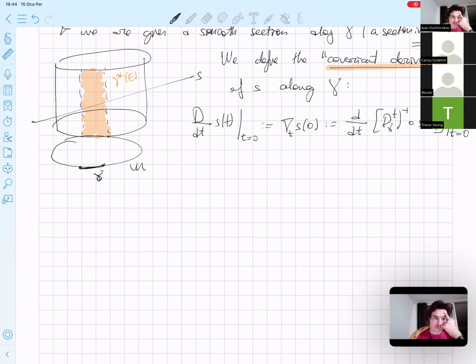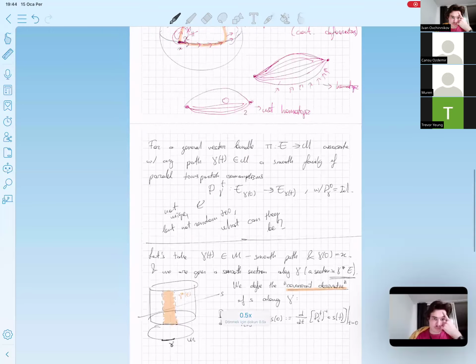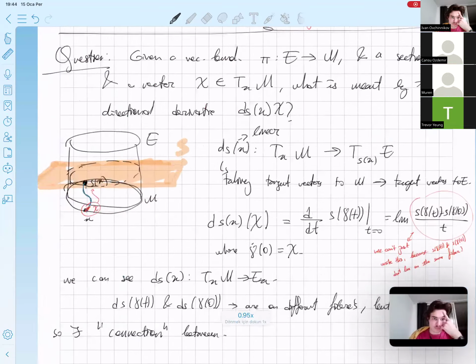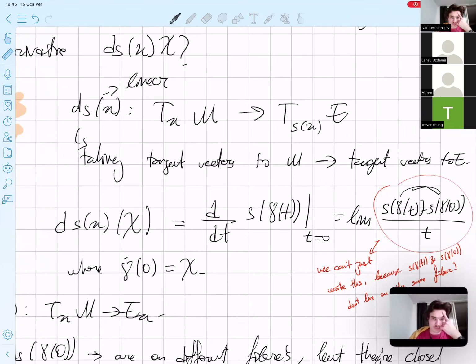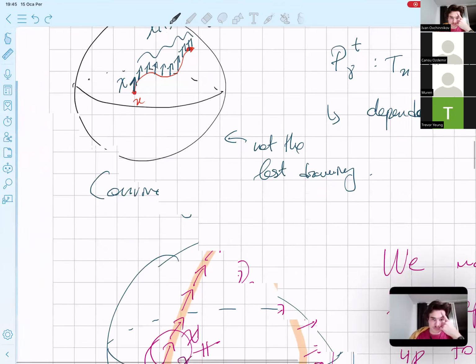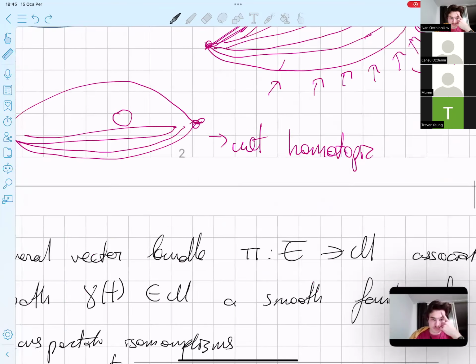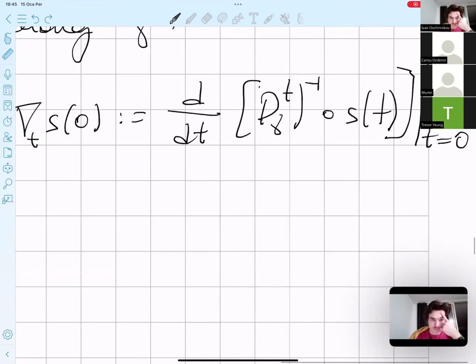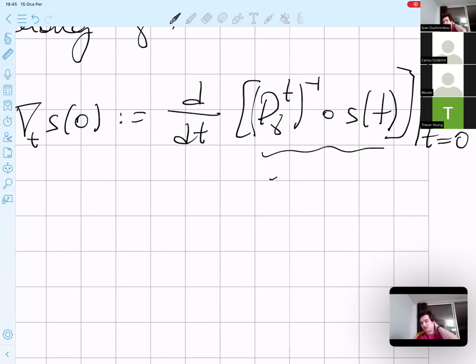Okay, now what's the difference here? Above we had these guys that lived on different fibers, whereas here what we do by writing this is we make them live on the same fiber. I'm going to draw that in a second.